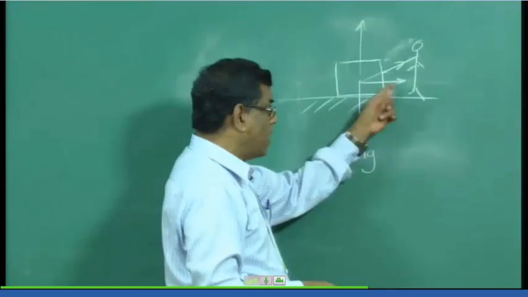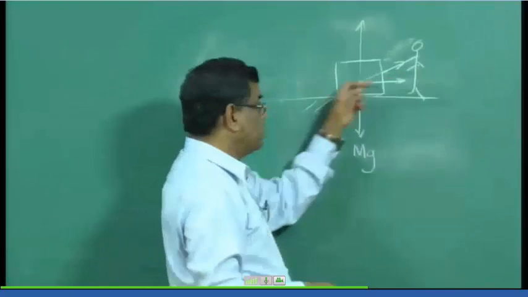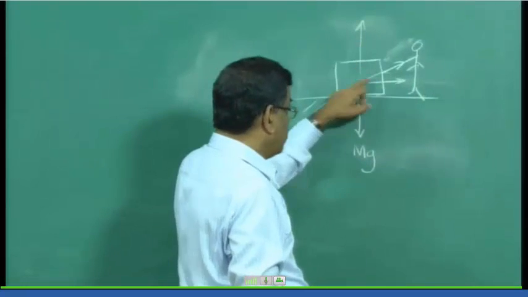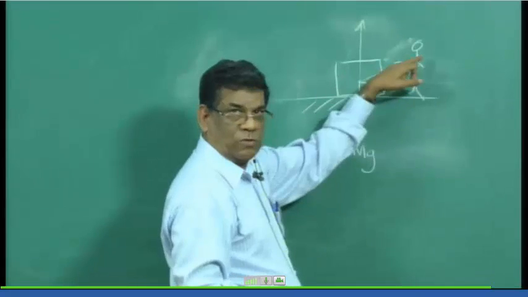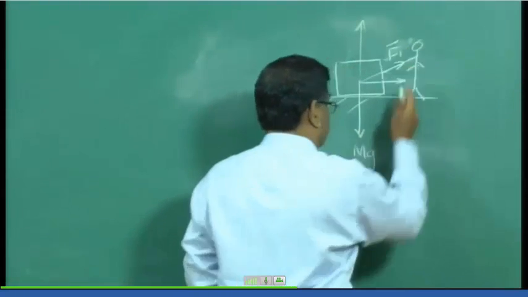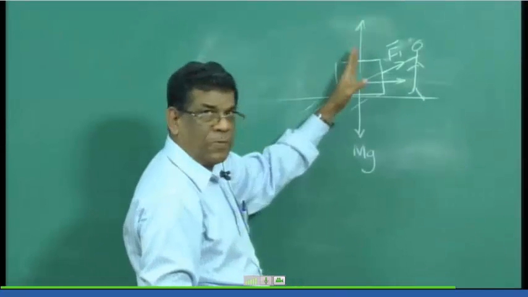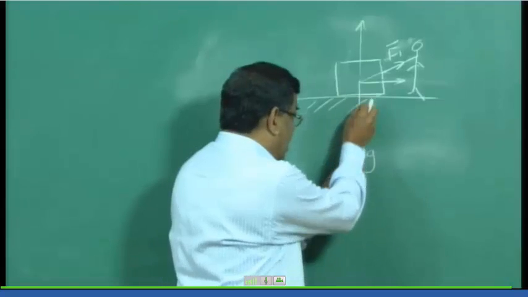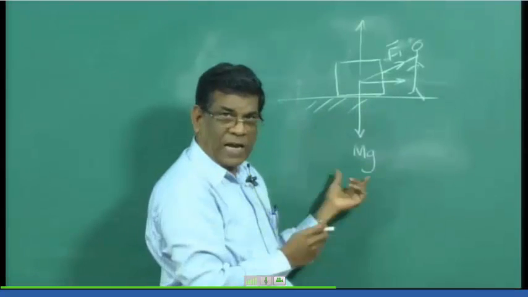Only this component of my pull is used for moving it. There is another component here which corresponds to the force which I give. If I call this F1, some component of F1 will be here. What is the effect of this? It will reduce the net pull of gravity.